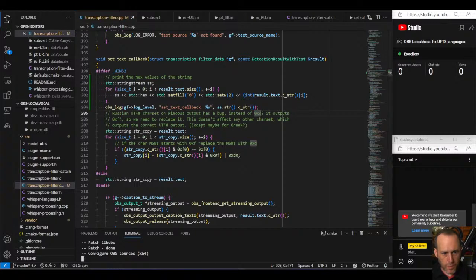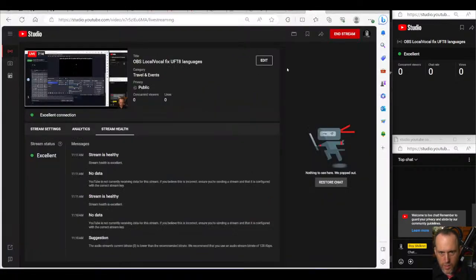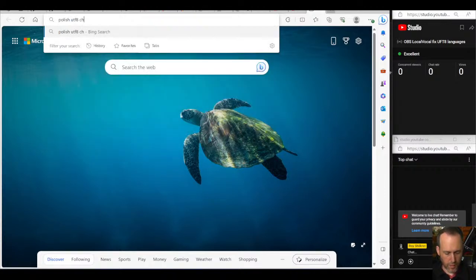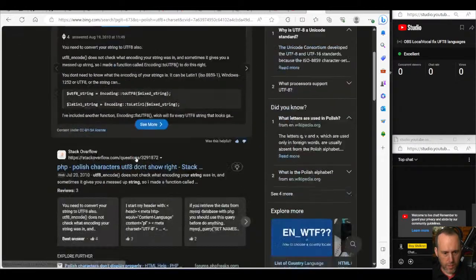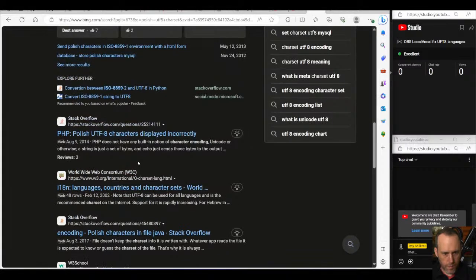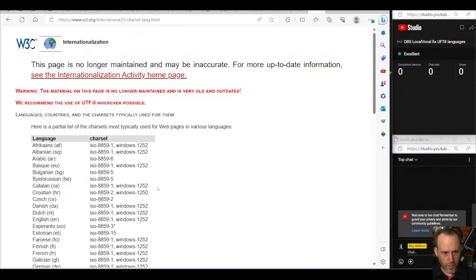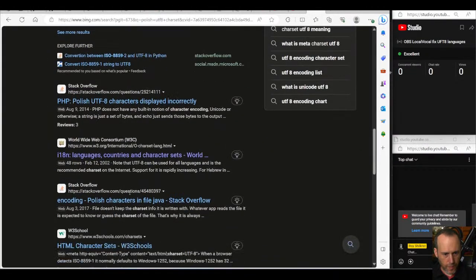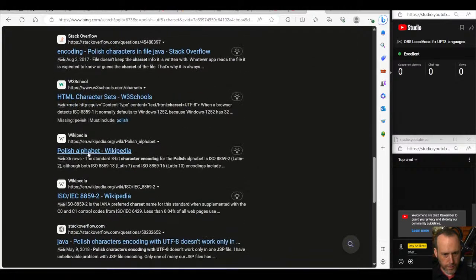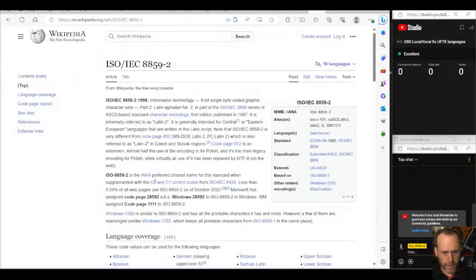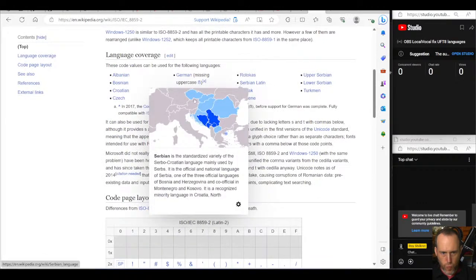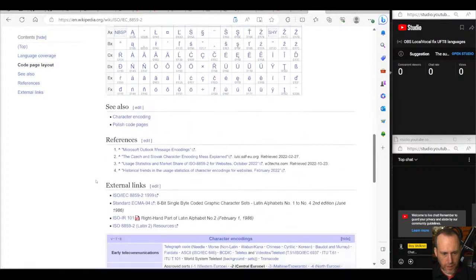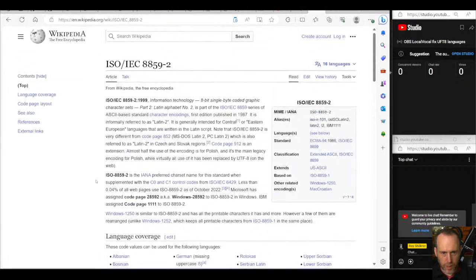Let's do this and bring up OBS and see what we get for Polish. The other thing that we should look at would be the Polish UTF-8 char set. Maybe here. Okay, that's the code page, but I don't think that this is UTF.